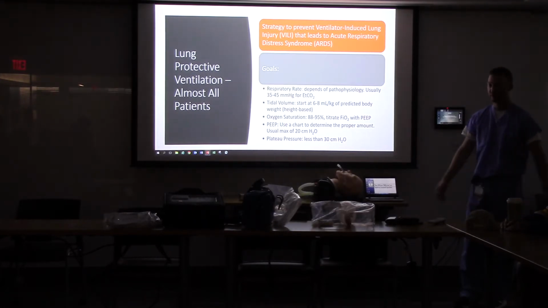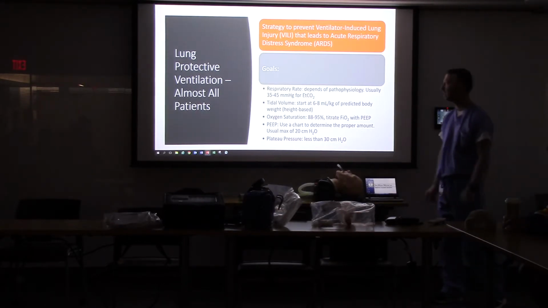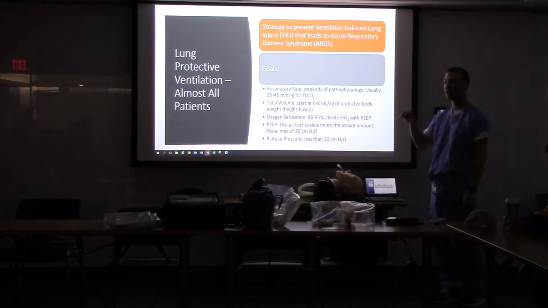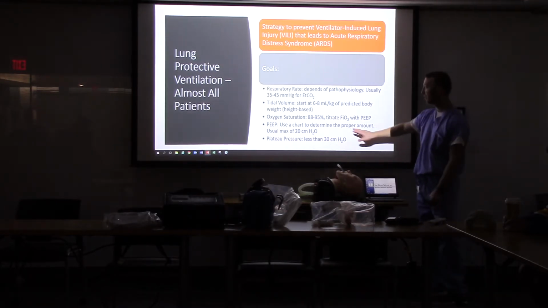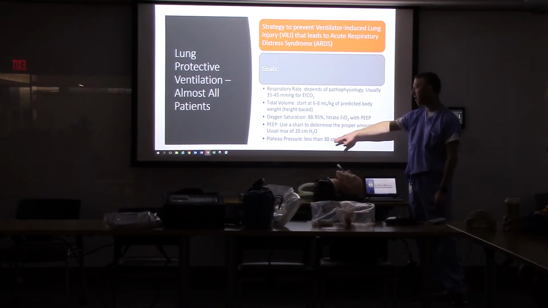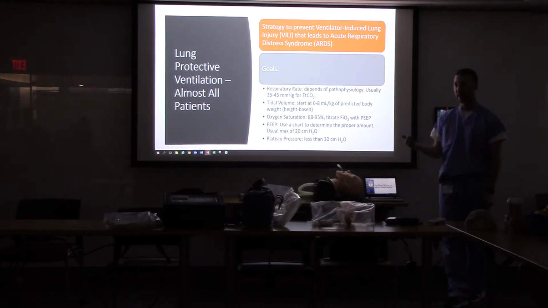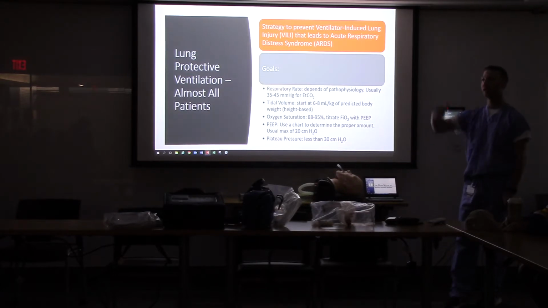So a group of ICUs got together and said, hey, what if we drop the volume per ventilation down, but back it up with some PEEP and some other metrics? And they found that they actually saved lives in the ICU if they gave less volume and increased the use of PEEP.